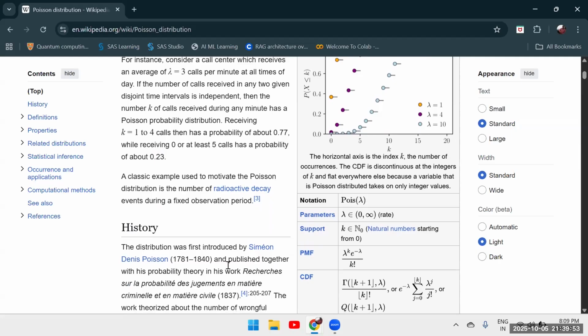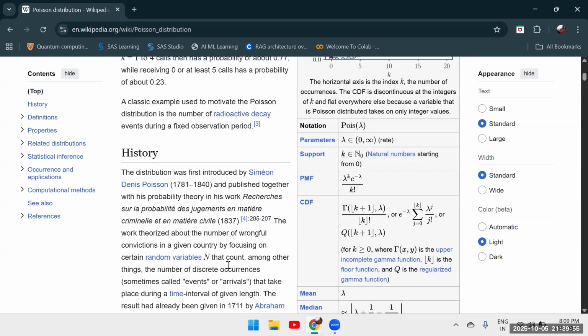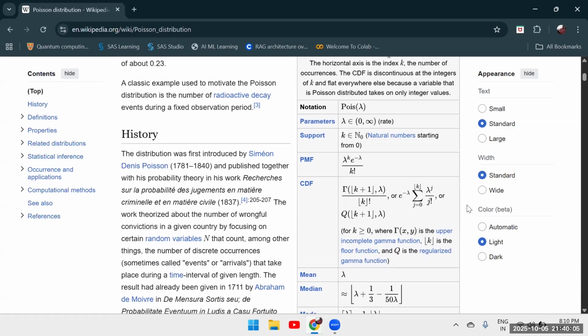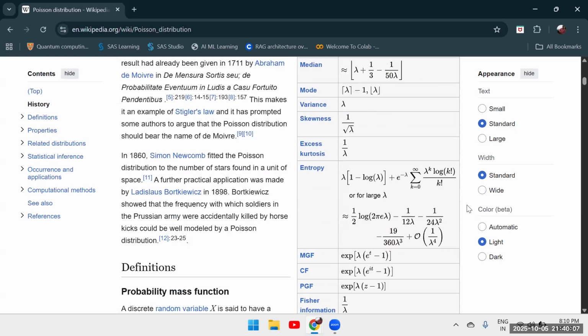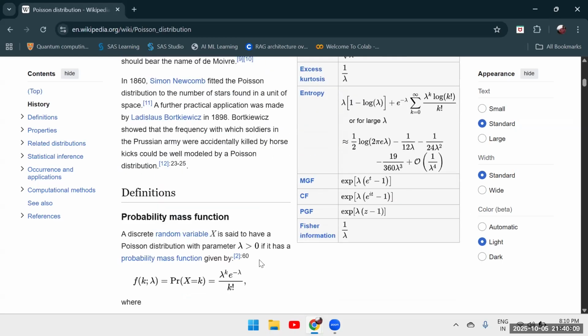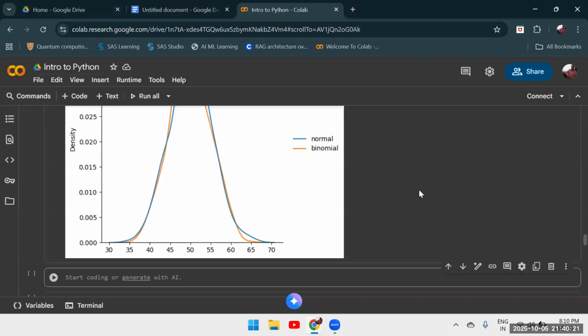It is also used in many other concepts, but this is basically the formula for a Poisson distribution. Let's not worry much about the formula here because things are taken care of inside Python mostly. You don't have to worry about why it has this value, you can just understand it at a high level.